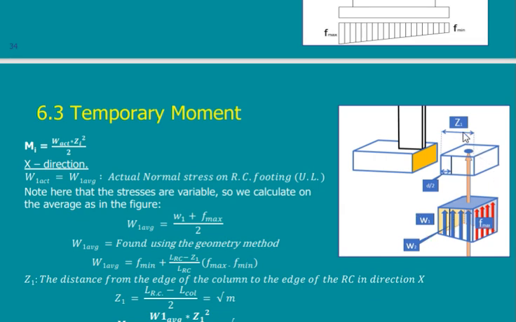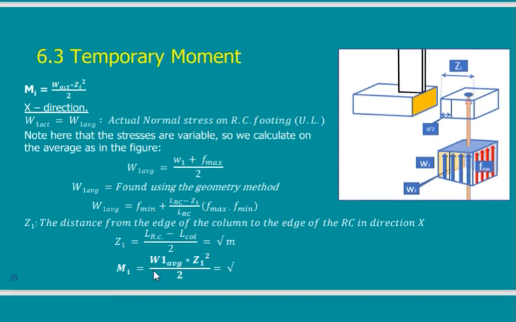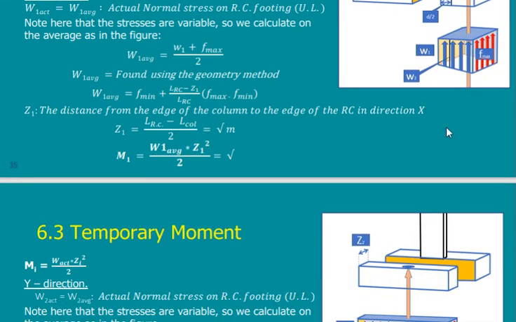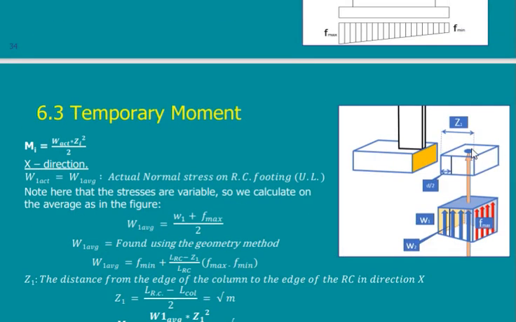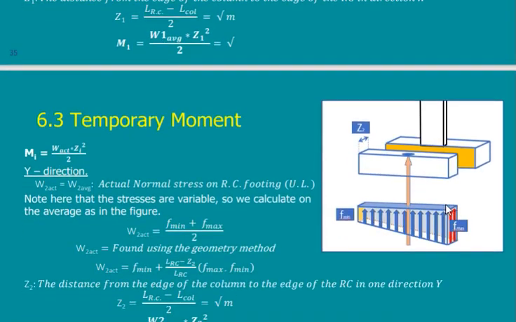So I can get the moment, which will be M1 for this cantilever. This is what I was saying. Here I calculated the moment in this direction. Let's calculate the moment in the perpendicular direction. Imagine that you split away part of the footing, the cantilever, and this is the stress below the cantilever.